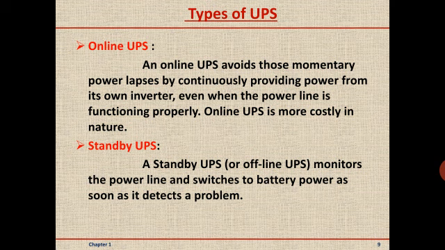An online UPS avoids momentary power lapses by continuously providing power from its own inverter. Online UPS is more costly than any other UPS. A personal computer with a color monitor requires a UPS of 500.